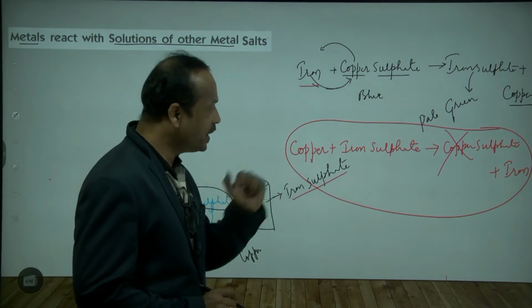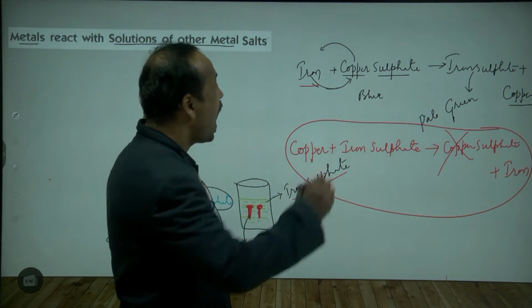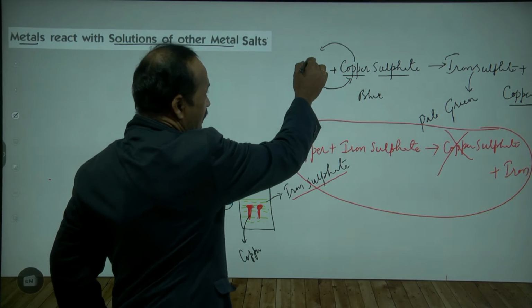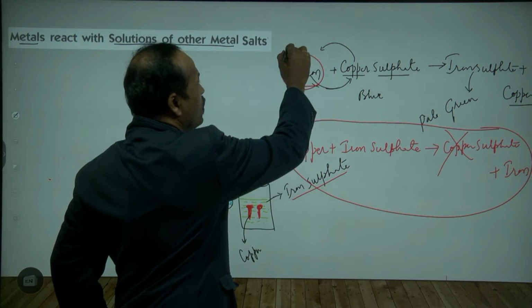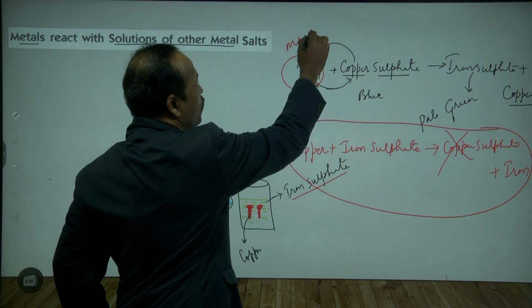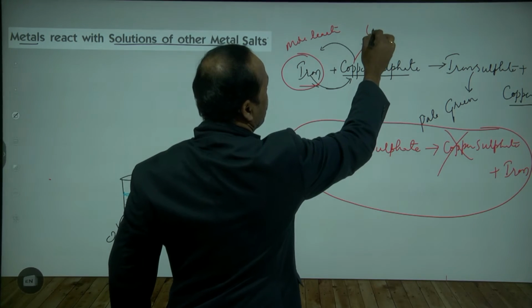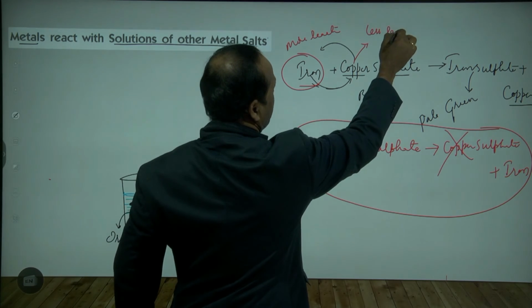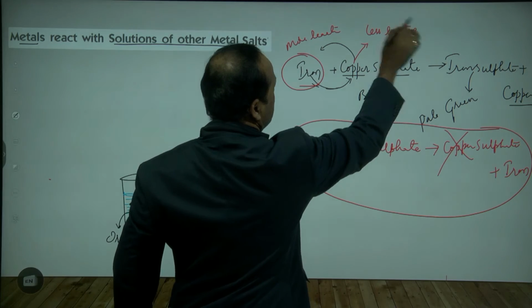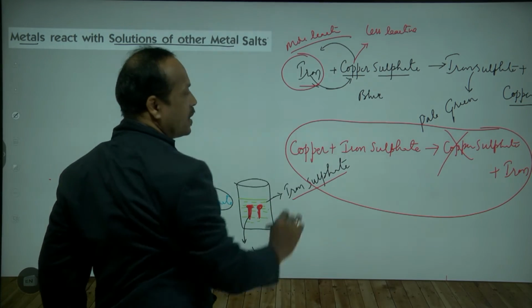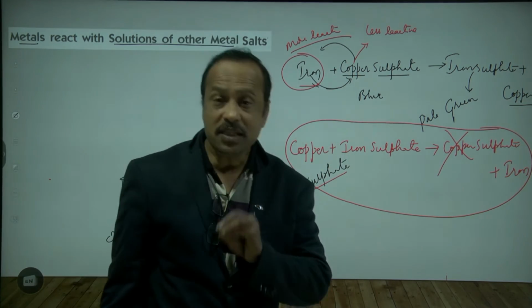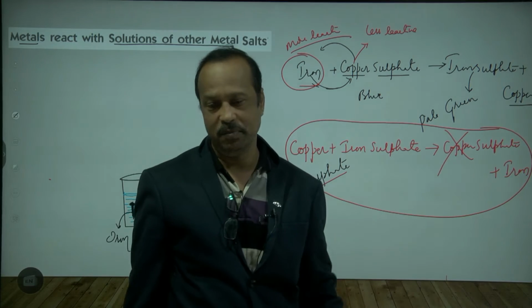So here why does this reaction not take place? Iron is more reactive than copper. Copper is less reactive. So a more reactive element displaces a less reactive element.